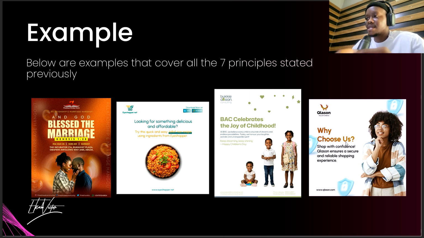Then it sparks an interest. Then you see the write-up underneath. That is the next thing that you go to. "Shop with confidence. Classing ensures a secure and reliable shopping experience." That is before you now see the website URL and the company's logo.